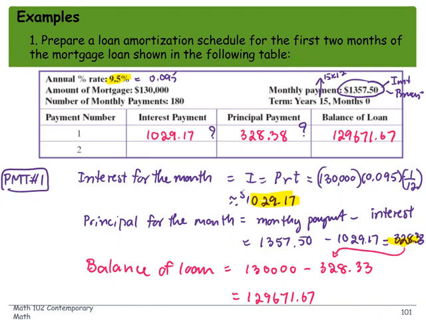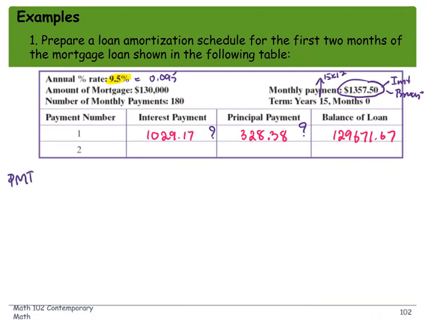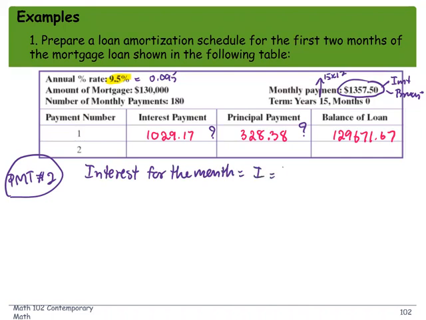Then we keep doing the same for the second payment, payment number 2. Calculate the interest for this month. I equals P times R times T, and P is the balance. R is 0.095.